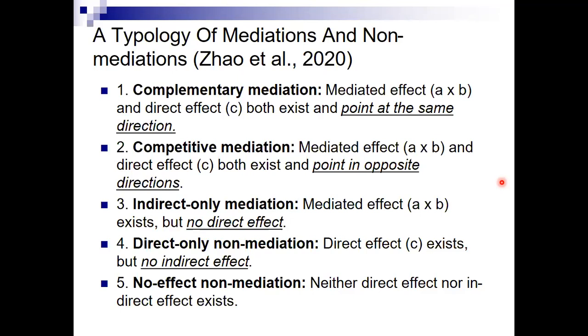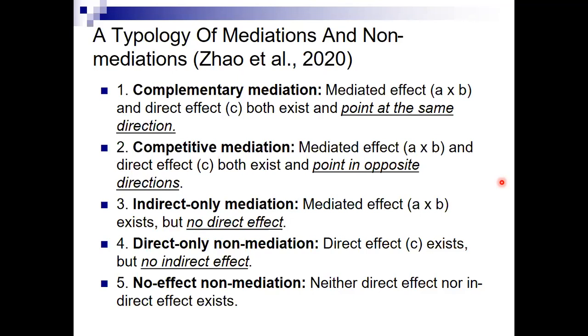What we mean by that is that the mediated effect, A times B, and the direct effect C both exist, and they both point in the same direction, which means if both are positive, then you have complementary mediation, okay?